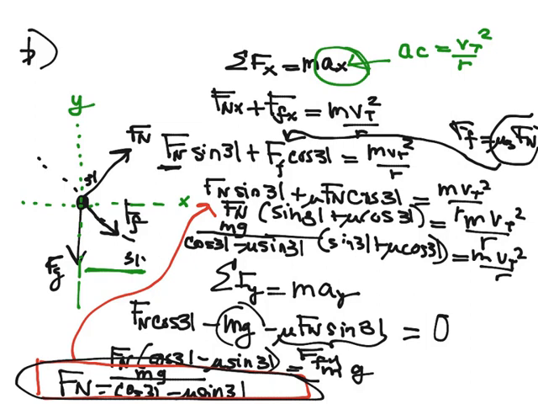Now you can see that I can get rid of my m's, and in order to solve for vt, I need to multiply both sides by r. So multiply by r, and I'm just going to put an r up here.